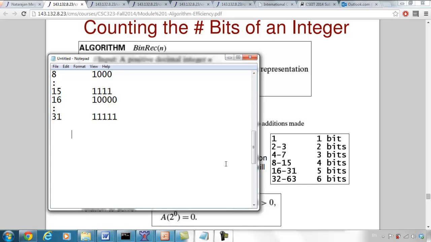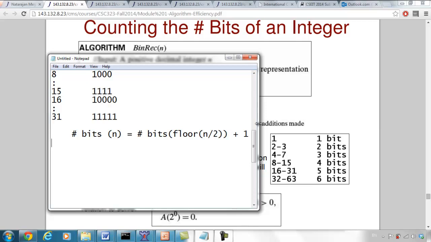So the number of bits for any integer n is the number of bits needed for n over 2. Of course, we take only, say, the floor of n over 2, plus 1, right?